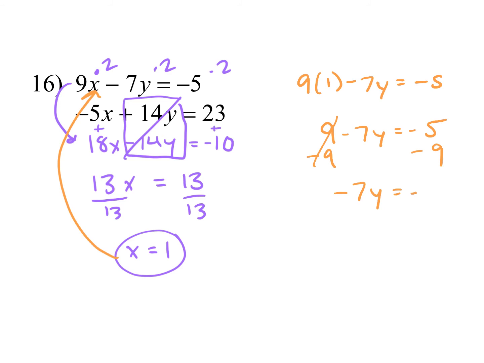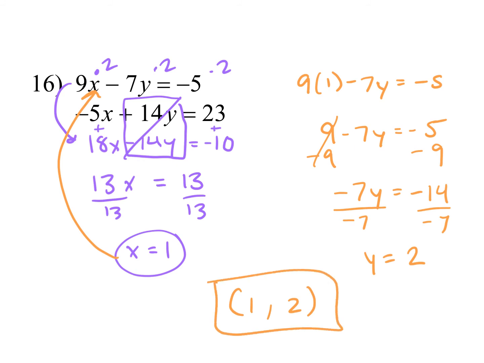Anybody want to help him out? Negative 14. Divide by negative 7. So what's y equal to? 2. There you go. Yes. How should I write my answer? 1, 2. Perfect. 1, 2. Thanks for your help.